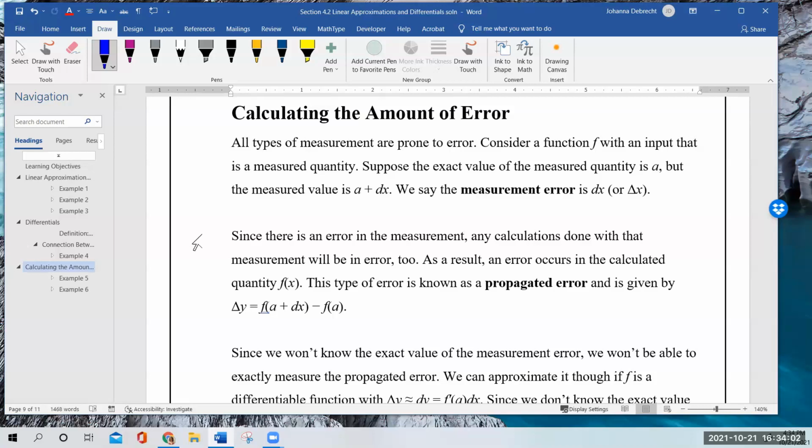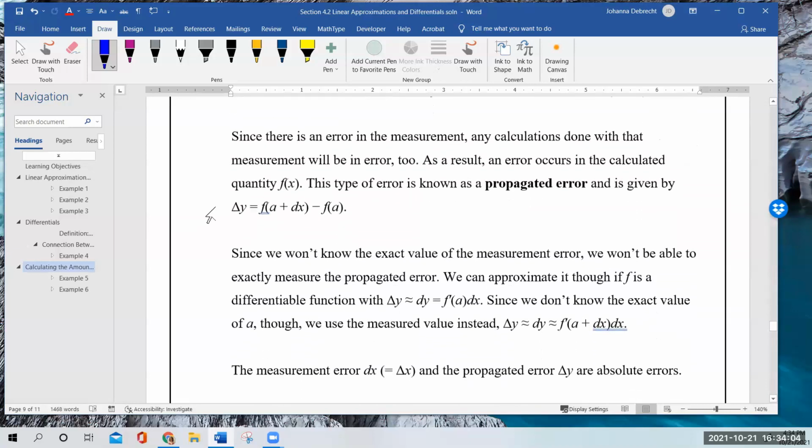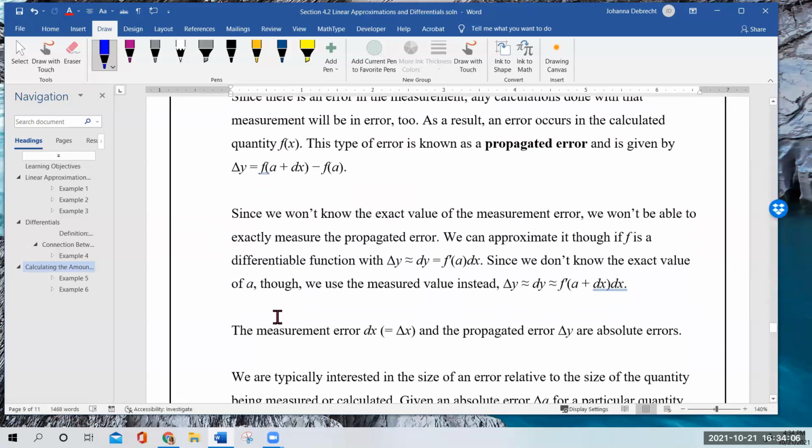We can approximate it, though, if f is a differentiable function with the value of the change in the y value on the function being the change in the y value on the tangent line. Since we don't know exactly the value of a, though, we use the measured value of a plus dx instead.